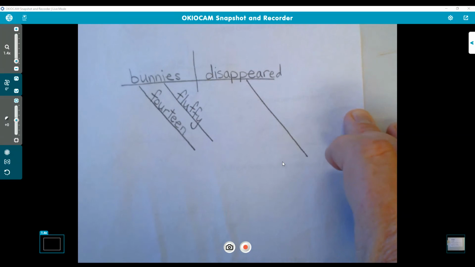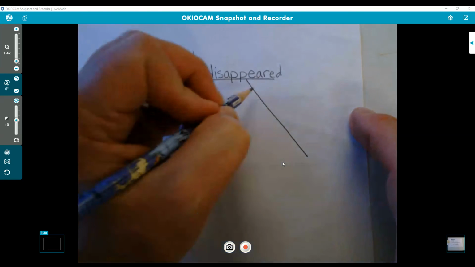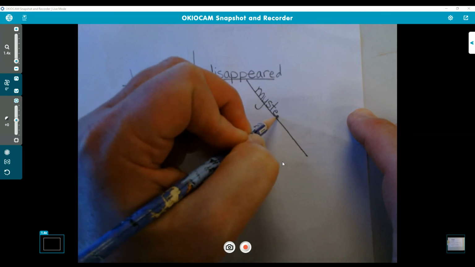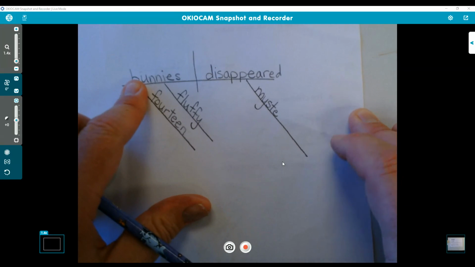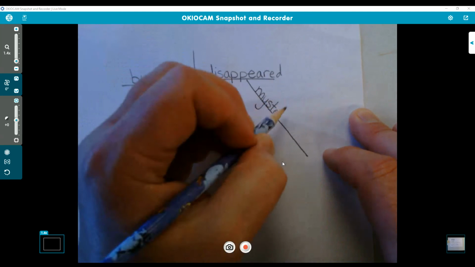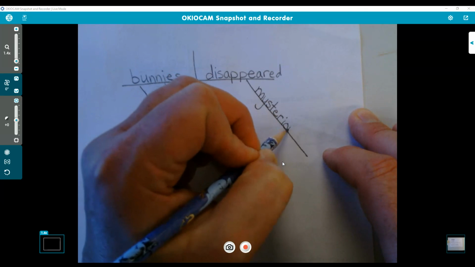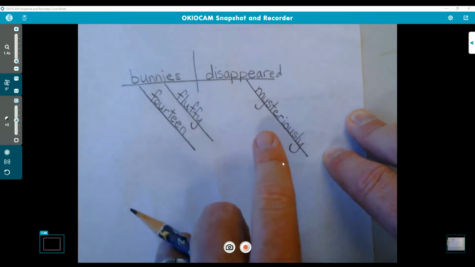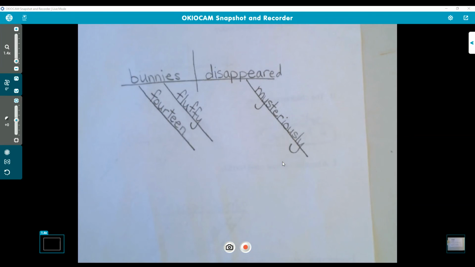Correct. Mysteriously. Mysteriously tells us how they disappeared. It's not a mystery that they're bunnies. The mysteriously is how they disappeared. So mysteriously is an adverb, right?